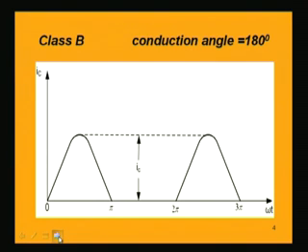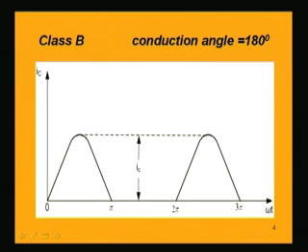So, in class B amplifier, during the negative portion of the cycle, collector current is not flowing. Here we can see that only in half a cycle, from 0 to 180 degree, the collector current flows. This is class B amplifier, and here the conduction angle is exactly 180 degree.